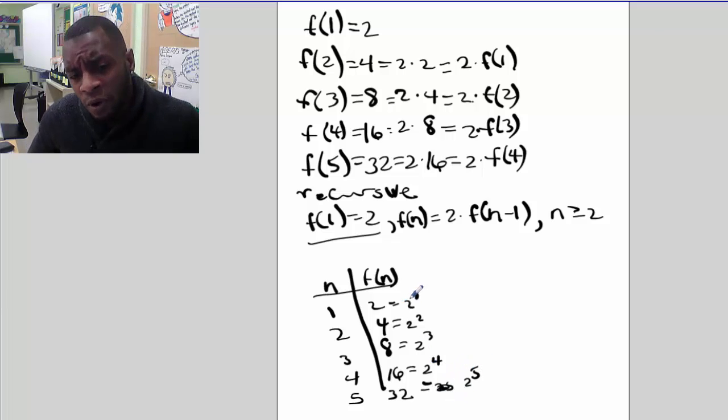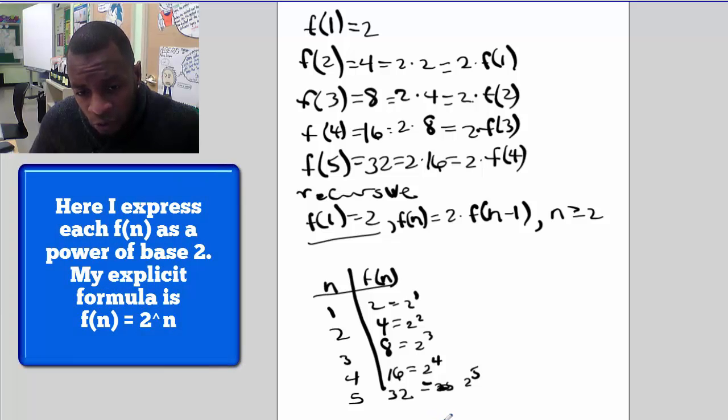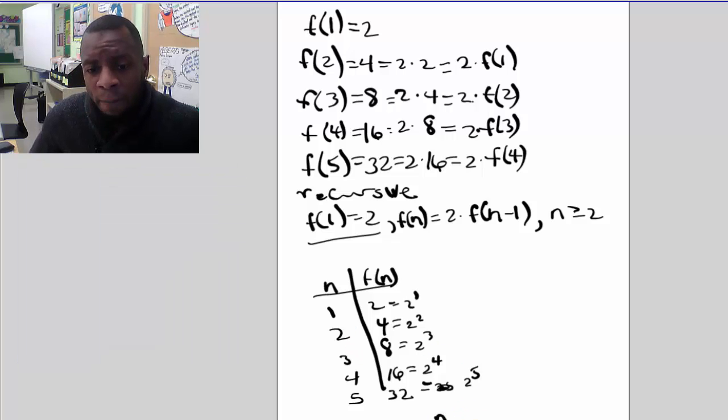Okay, and so if you notice, we can write all of these as powers of 2. So for our explicit formula, we have that f of n is actually equal to 2 raised to the n power, where n represents the number of the term. Okay, and so that's our explicit formula for this situation.